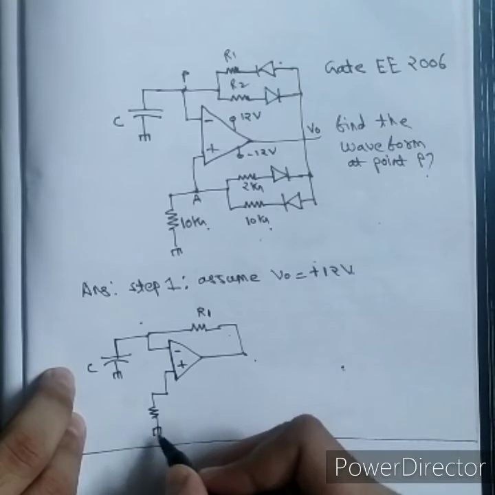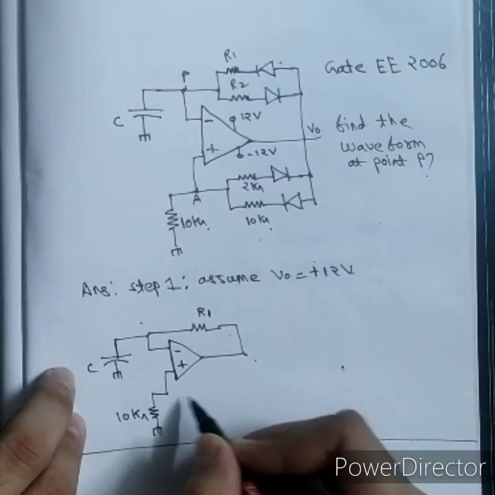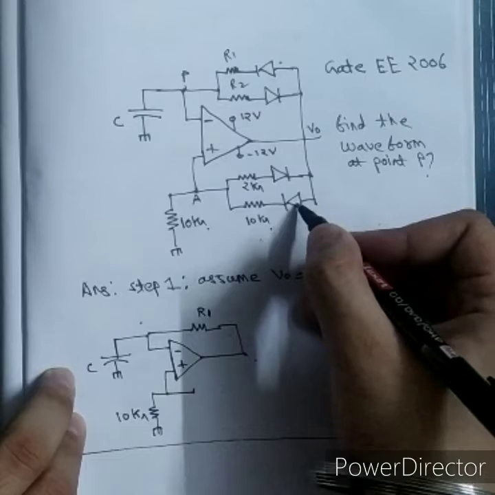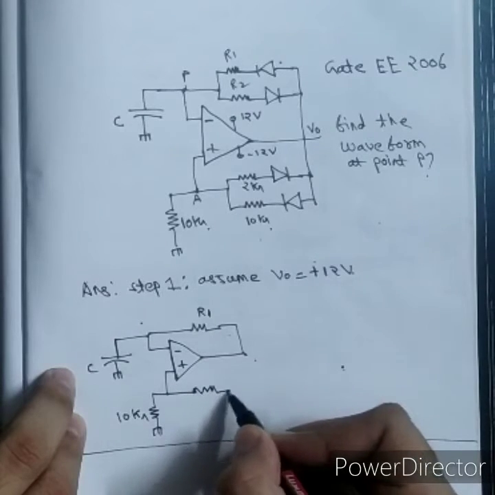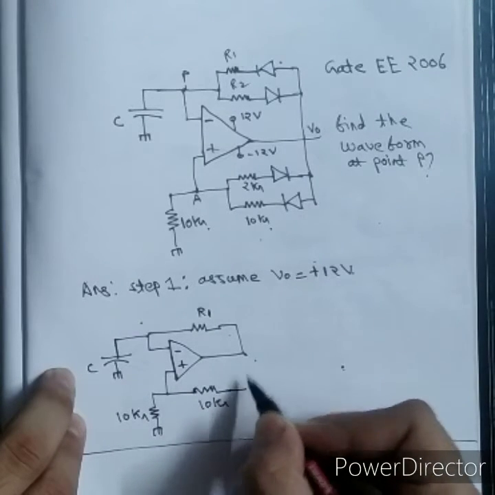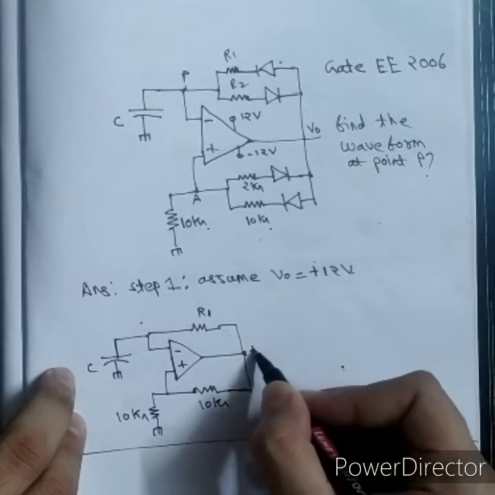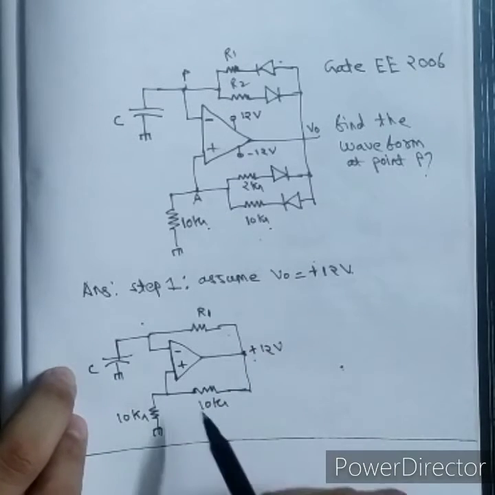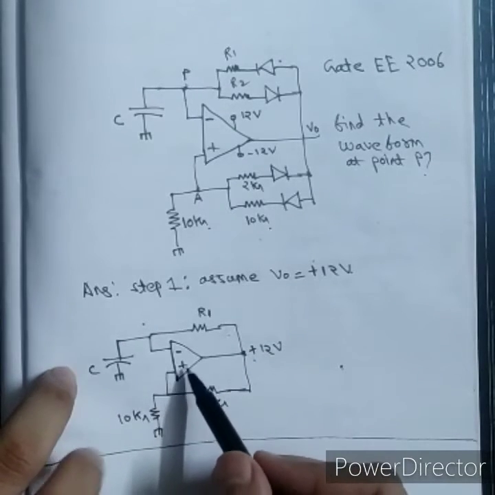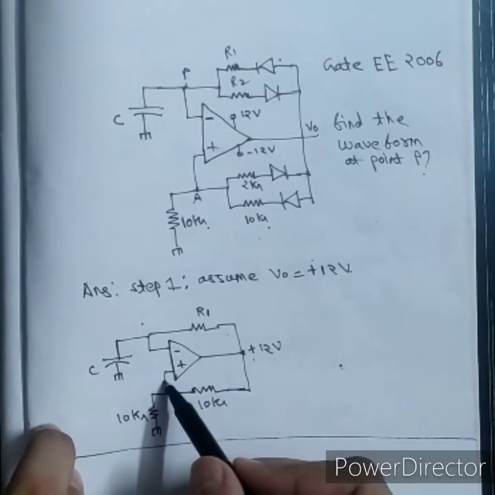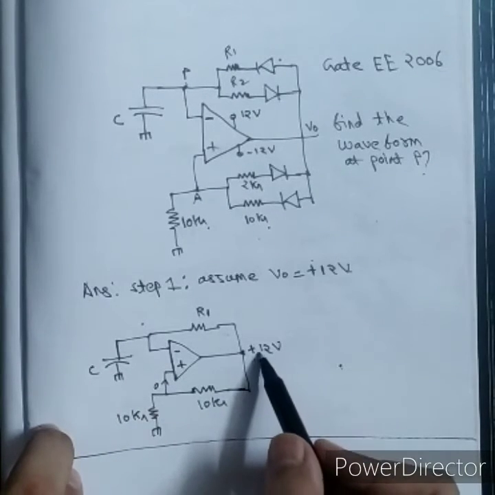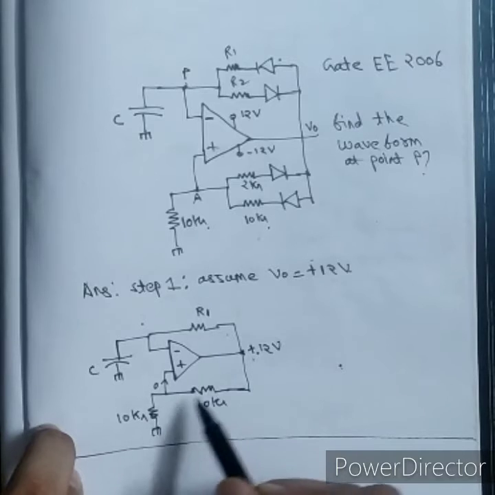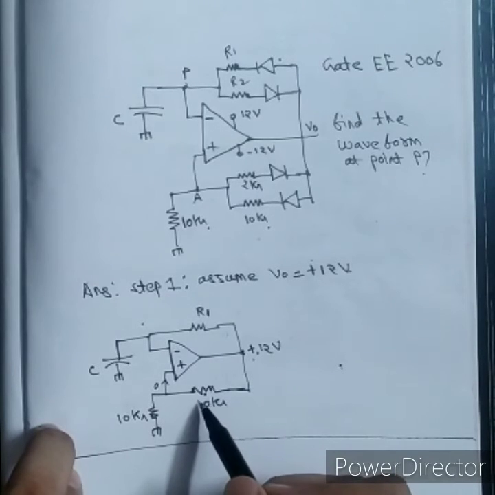This is 10 kilo ohm and this diode will be on, so this will be 10 kilo ohm and this was plus 12 volt. Now current here is 0, current going here is 0, so this 12 volt will divide equally, or you can apply voltage division rule.